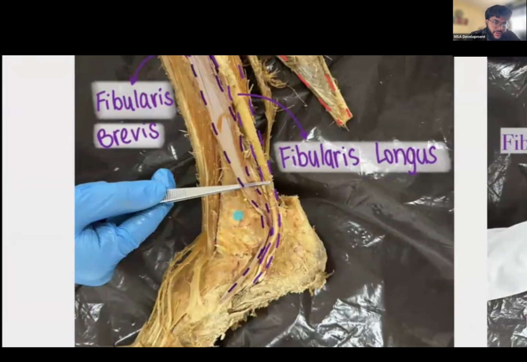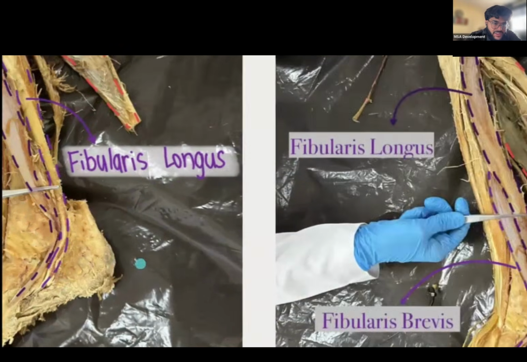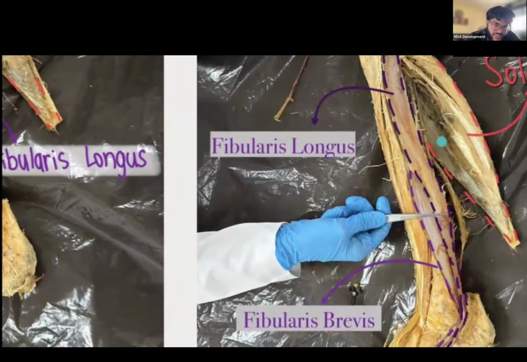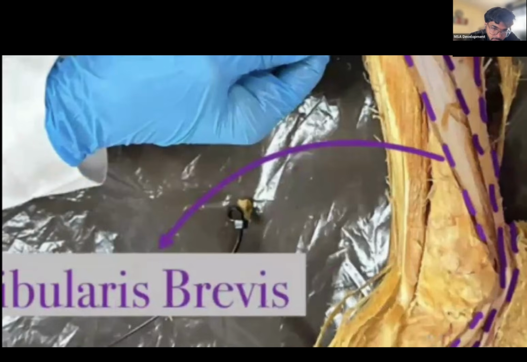Over here again we have the fibularis brevis and fibularis longus. You can see the fibularis brevis going and attaching directly over here to the fifth metatarsal. However, the longus, because it's long, has to take a longer route. You can remember it that way, and it goes and inserts into the base of the first metatarsal.